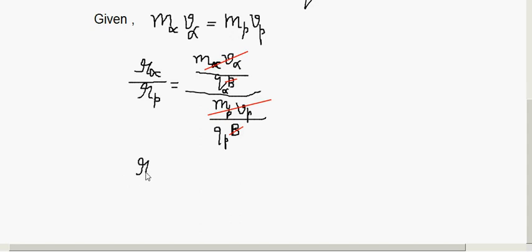So r alpha by rp is equal to qp divided by the charge of the alpha particle.